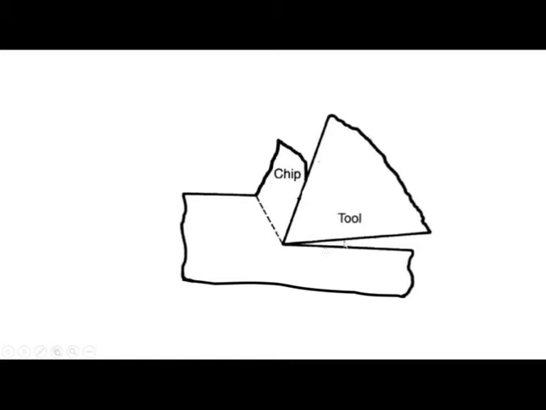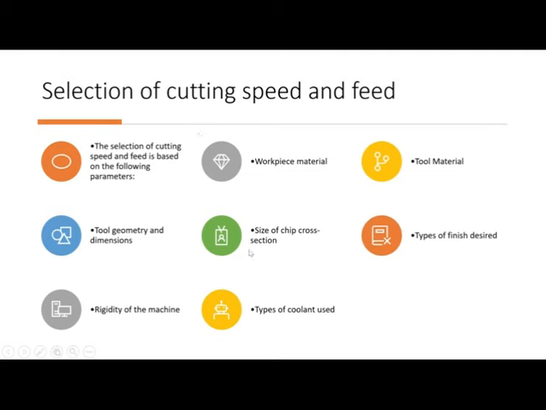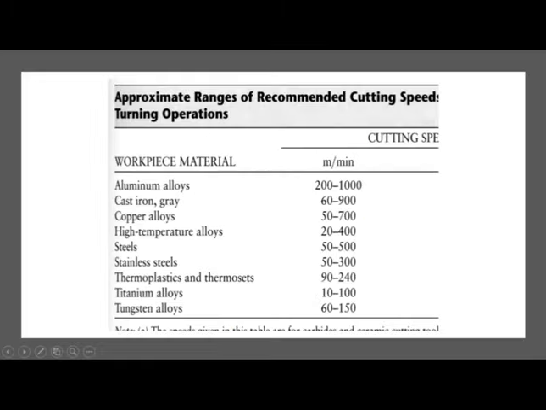Here is the portion of interaction between tool and workpiece, and this is the portion of interaction between chip and tool, for which in both cases we require coolant, and so the selection of cutting speed and feed depends on the type of coolant used. These are the approximate ranges of recommended cutting speed for different materials. You may observe that the harder the material, the lesser the cutting speed.